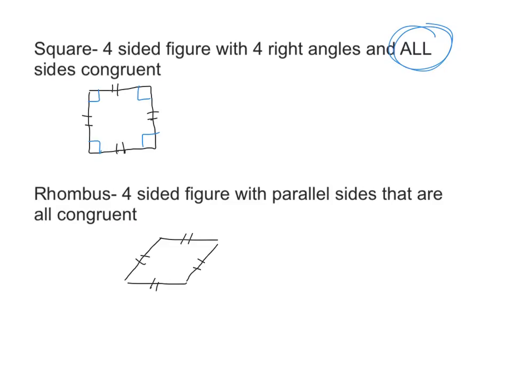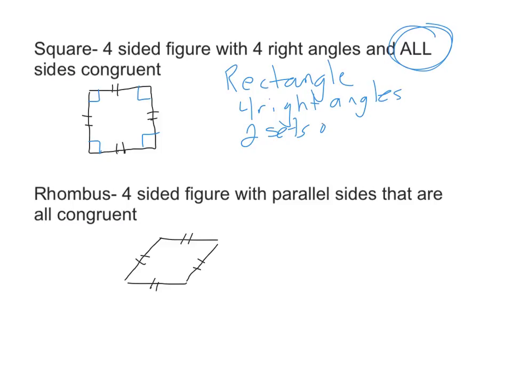Now, if we think back to the definition of a rectangle, it had the four right angles, and it said that it had to have two sets of congruent sides. So let's think about our square. And does that have the same definition?